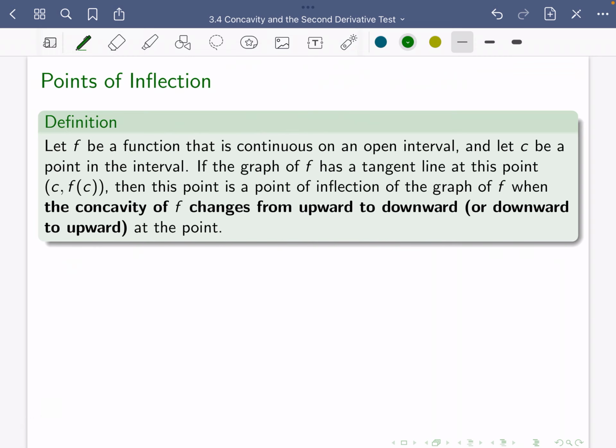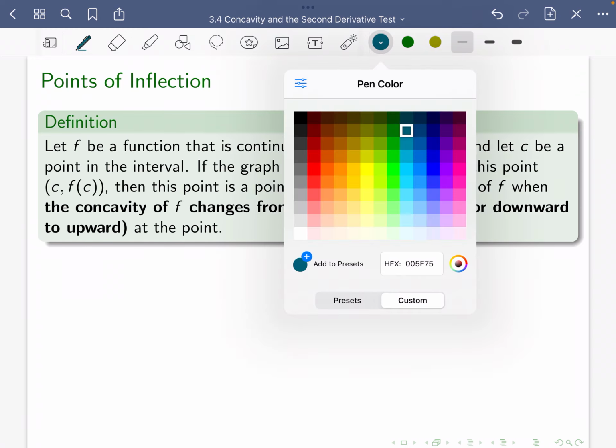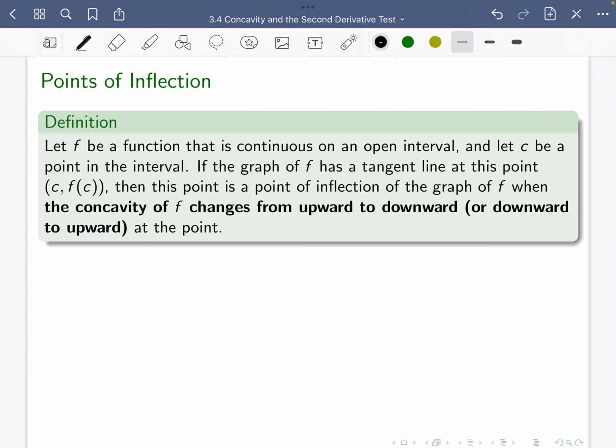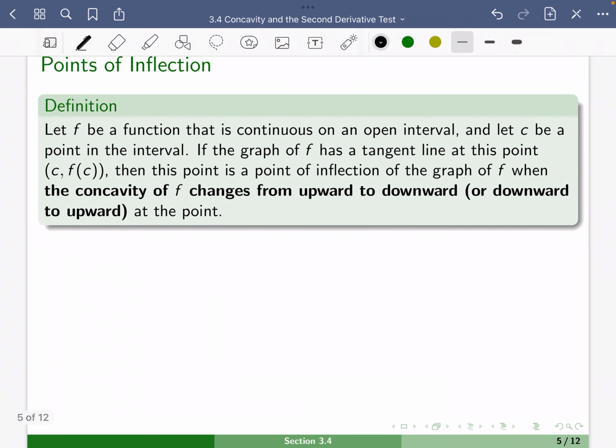Now, you might notice that we did not identify what happens when that second derivative is 0. Part of the reason is that we can have some strange things happen at those points. So let f be a function that is continuous on an open interval, and let c be a point in the interval.